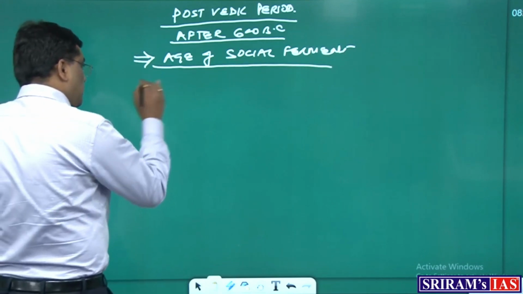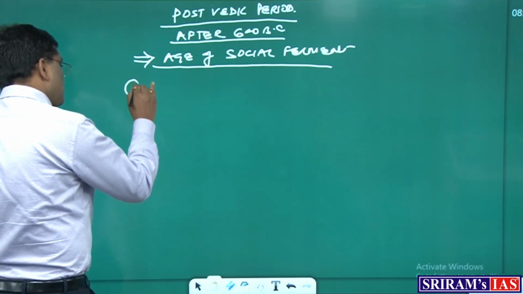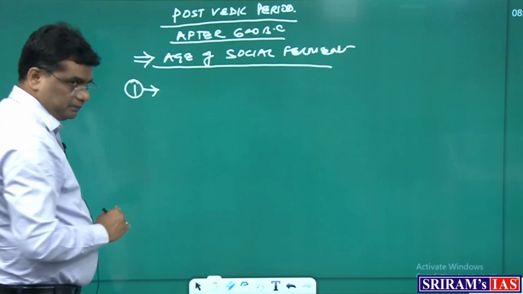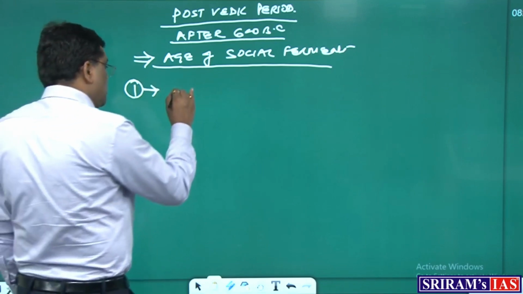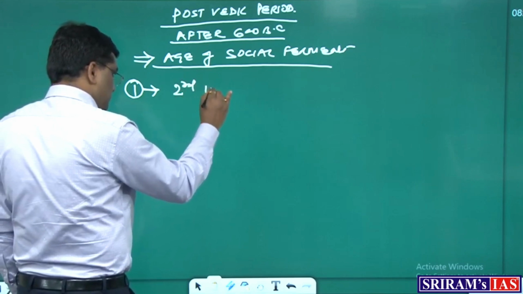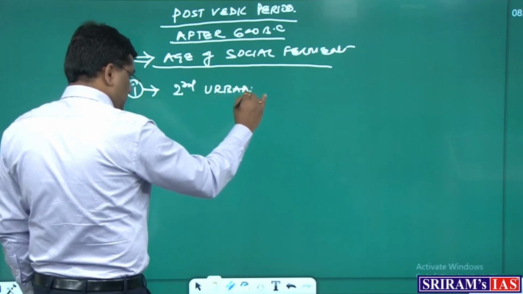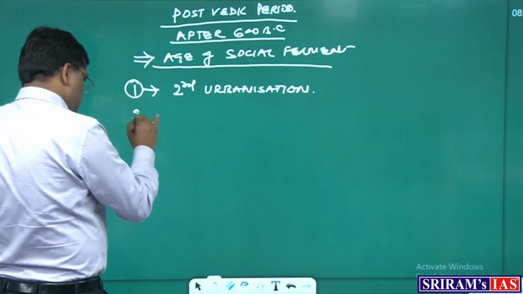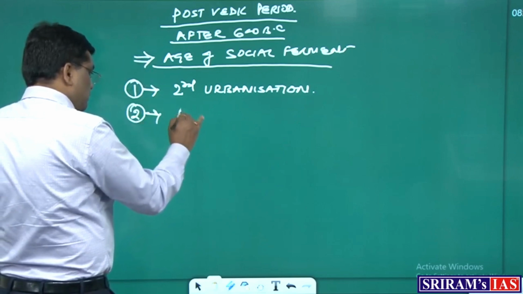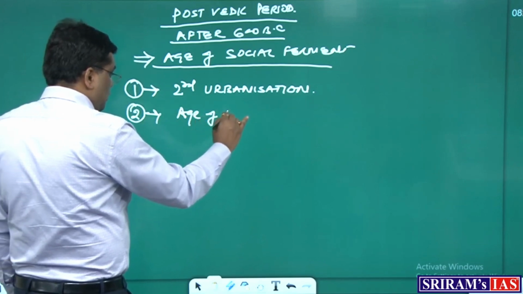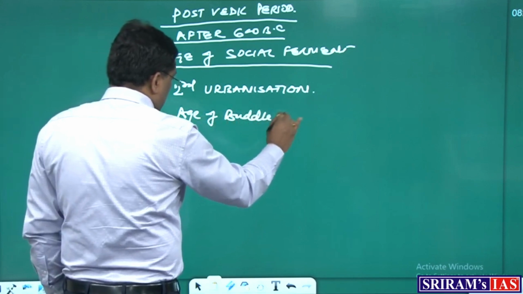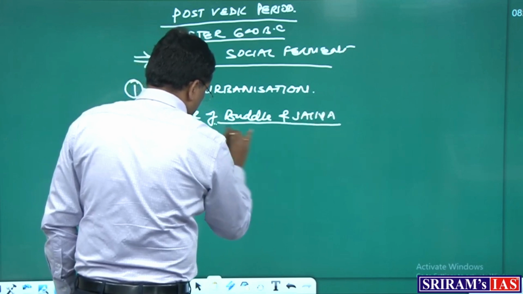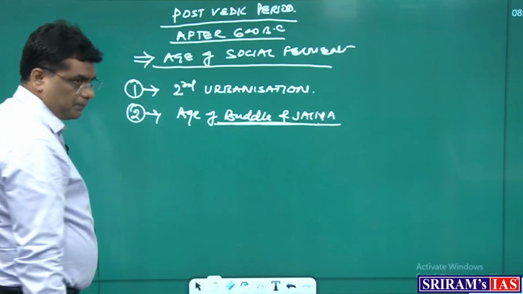In 600 BC, we have one important thing that is called the second urbanization. Second was the age of Buddha and Jaina.